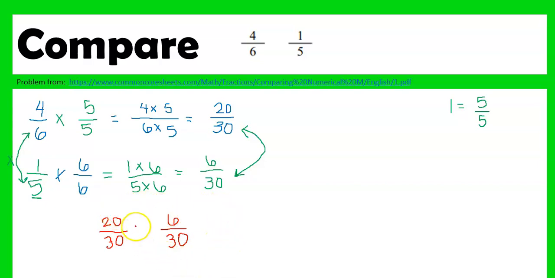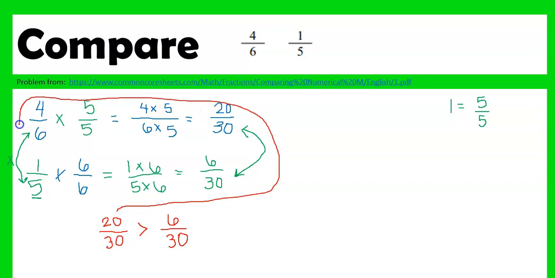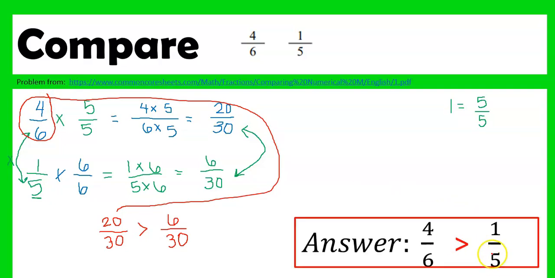So in this case, 20 over 30 is greater than 6 over 30. And remember, our 20 over 30 fraction really was this 4 over 6 fraction. So therefore, 4/6 is greater than 1/5.